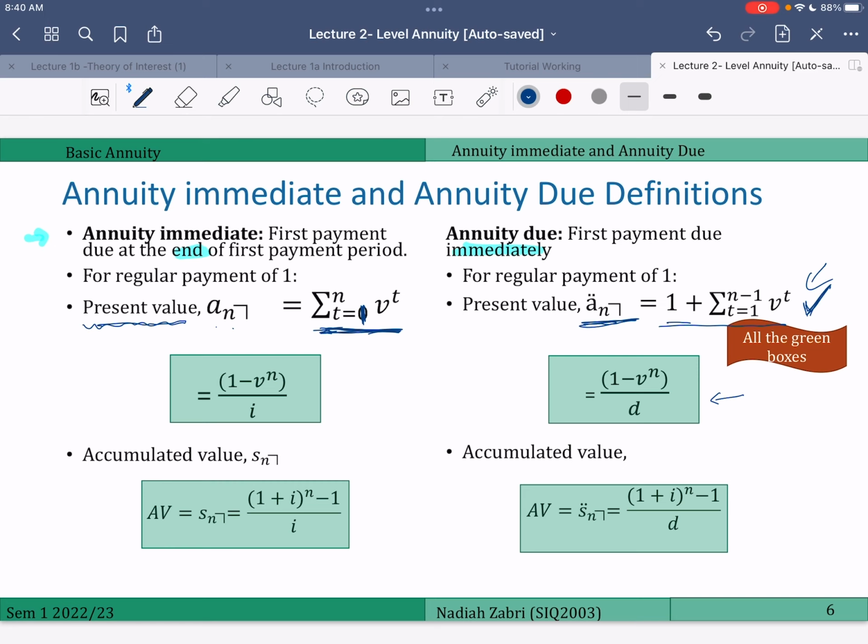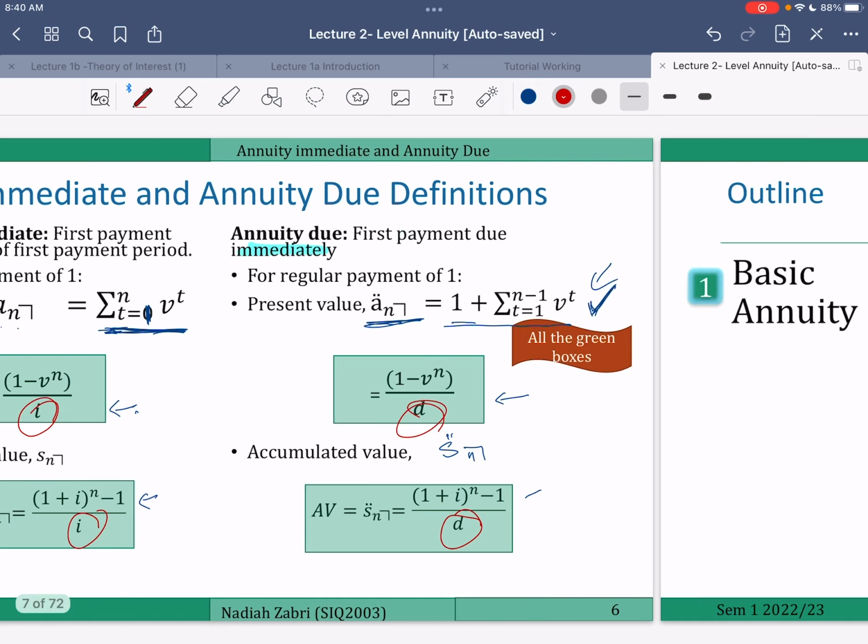So it will be 1 minus v to the power of n over d. So if we compare with annuity immediate, the only difference is the denominator. So for the accumulated value, if we write down the notation, it is S double dot angle n. If you see the formula, it's the same as annuity immediate, except for the denominator. It's d instead of i.